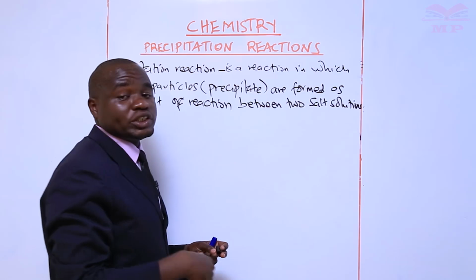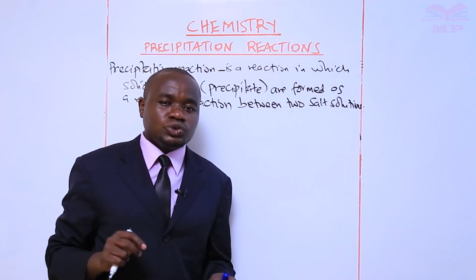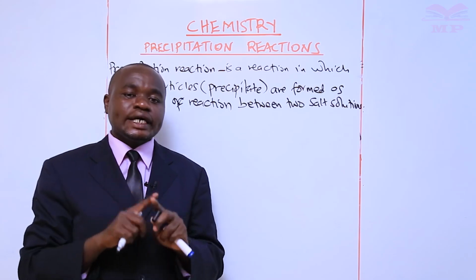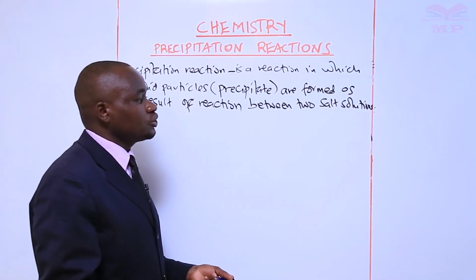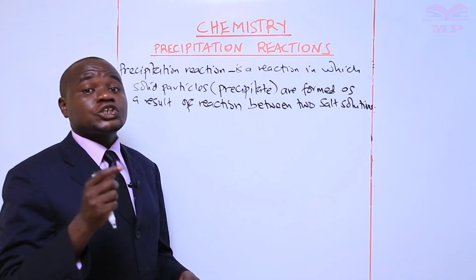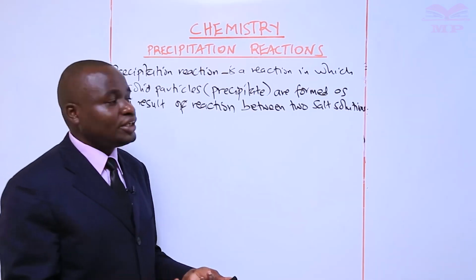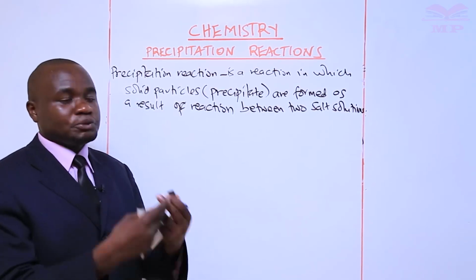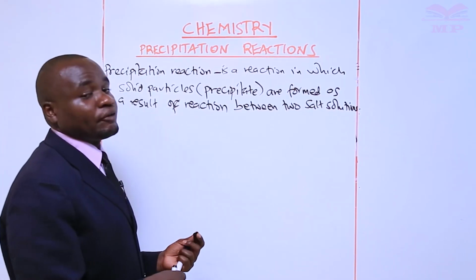That means whatever I'm reacting, I'll have two salt solutions. The two solutions will react by exchanging their ions. When they exchange their ions, we shall form a solid, and that solid is called a precipitate. The process of formation of a precipitate is what we are calling a precipitation reaction.